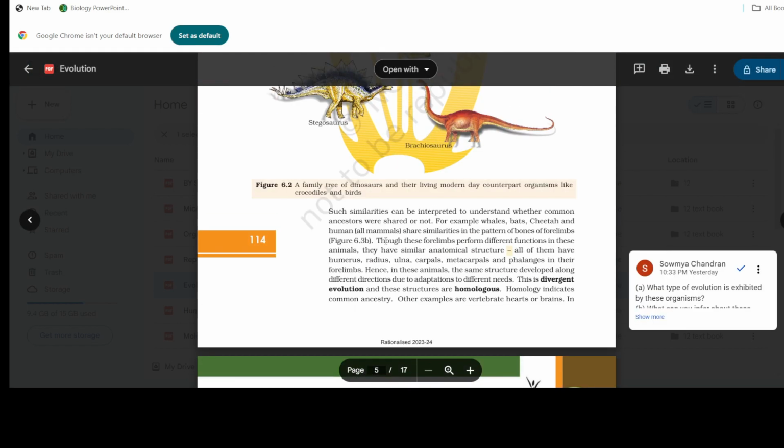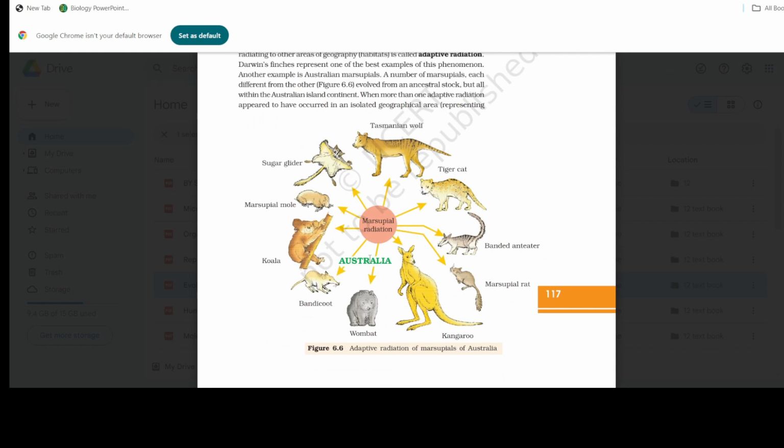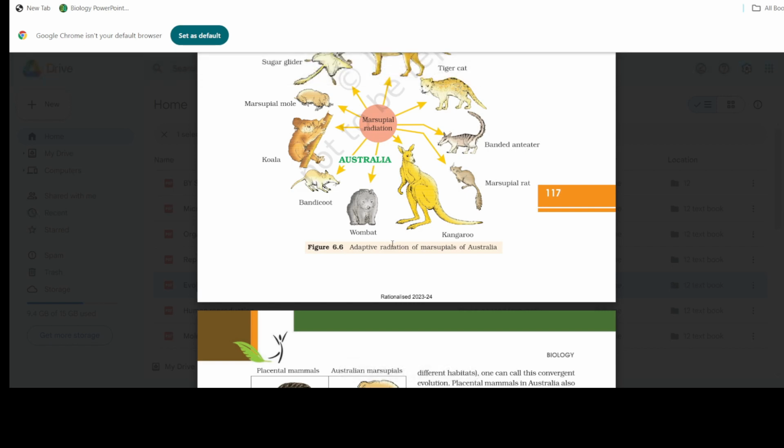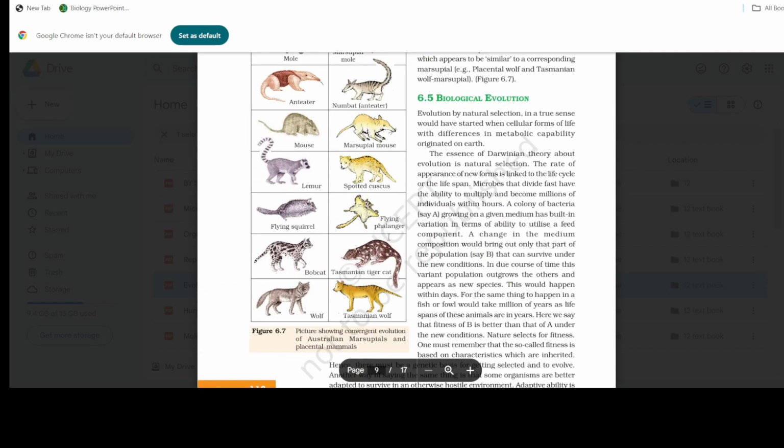So, what is convergent evolution? What you see here is actually in this figure, the adaptive radiation of marsupials of Australia, diverging into different areas, right? Now here you can see it is convergent evolution.